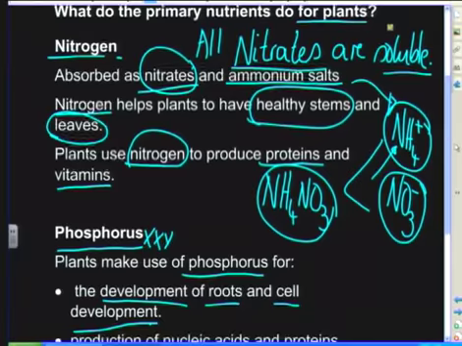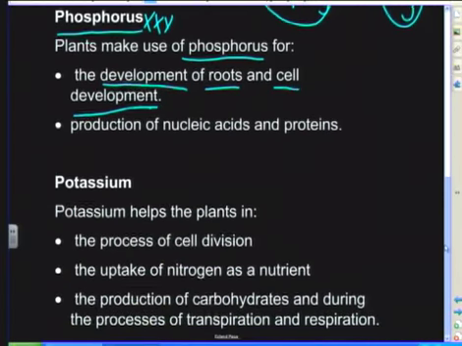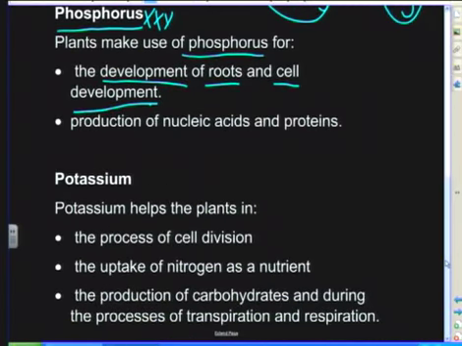And then moving on, we have potassium as the third primary plant nutrient. Potassium helps plants in the process of cell division. Now, there is cell growth or cell development, and now we're talking cell division.